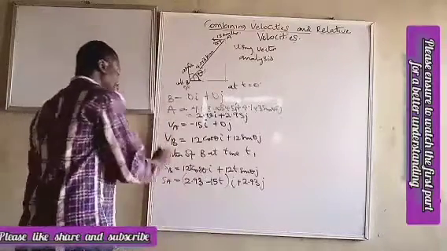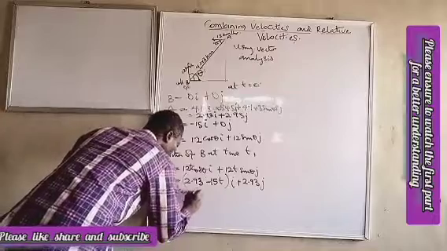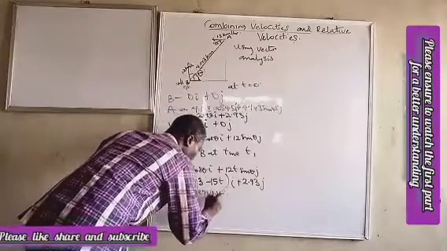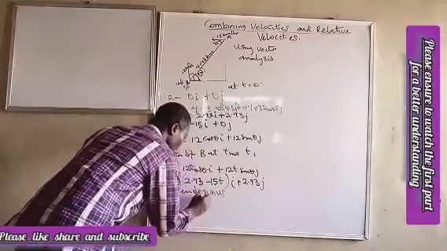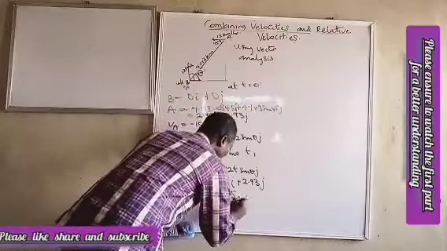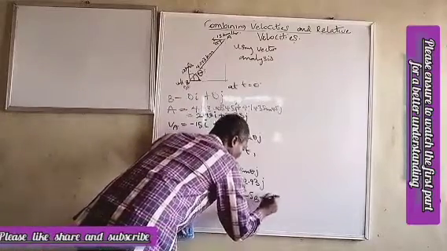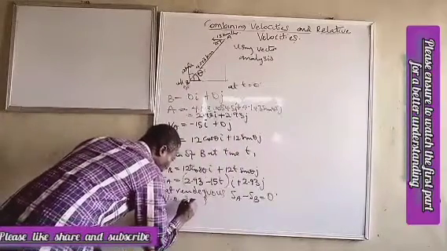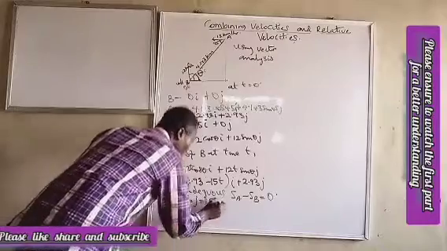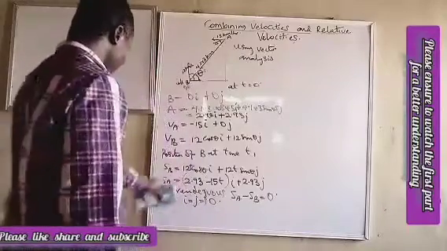So at rendezvous, SA minus SB will be 0. That is, the i component will be equal to the j component, which should be 0. So now let's look at it.